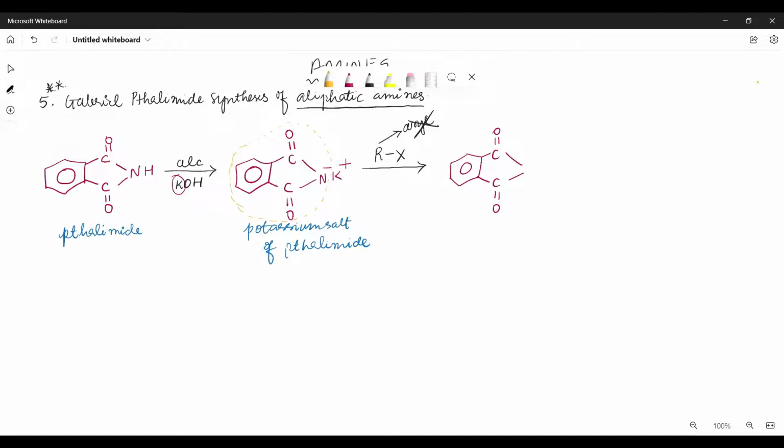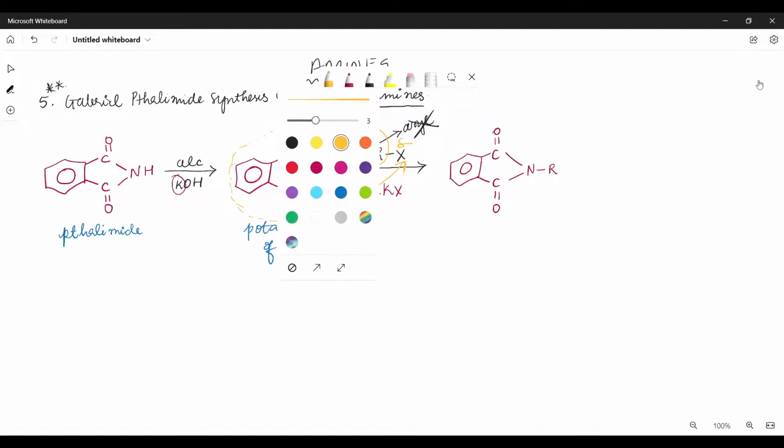Okay, so this is slightly positive, this is slightly negative here, delta positive and delta negative. So this positive part will come and attach to this. K will go out with X. This is what actually happens. So NR and KX will go out. If you want, you can show it there.